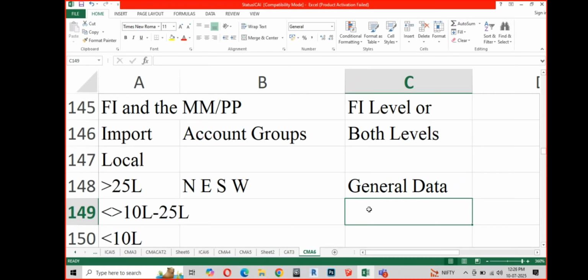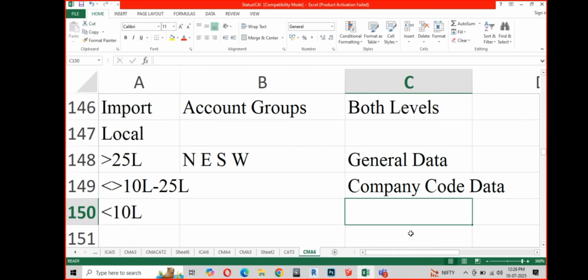There is certain information specific to the finance department only. That is called company code data. So the general data is common to both modules, FI and MM or PP.